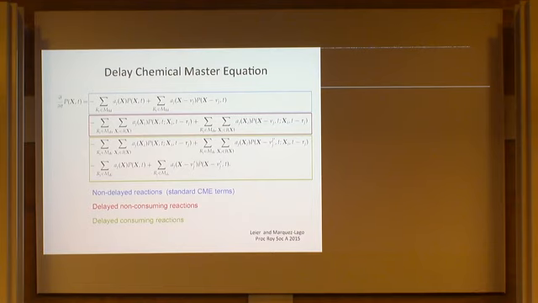Recently, we published in Proceedings of the Royal Society A a paper on delay chemical master equations and when this equation can actually be solved. And we also introduced here the delayed consuming reactions. So here, obviously, you get additional four terms. And this is simply because we have two update points: at the beginning when the reactants are consumed and at the time when the products are formed.